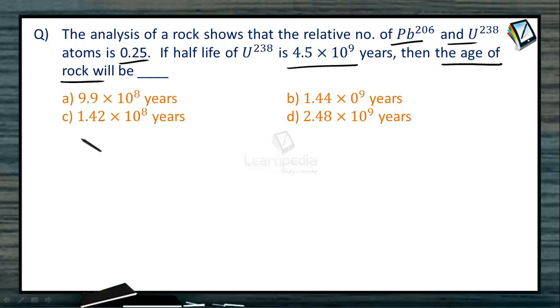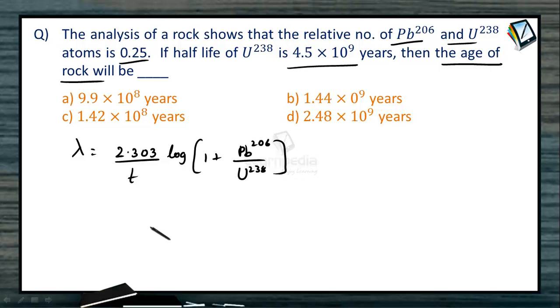We have the expression for calculating the age of rock as lambda equal to 2.303 by T into log 1 plus Pb206 upon uranium 238. And we also know that this lambda is equal to 0.693 by T half, which is given as 4.5 into 10 power 9.